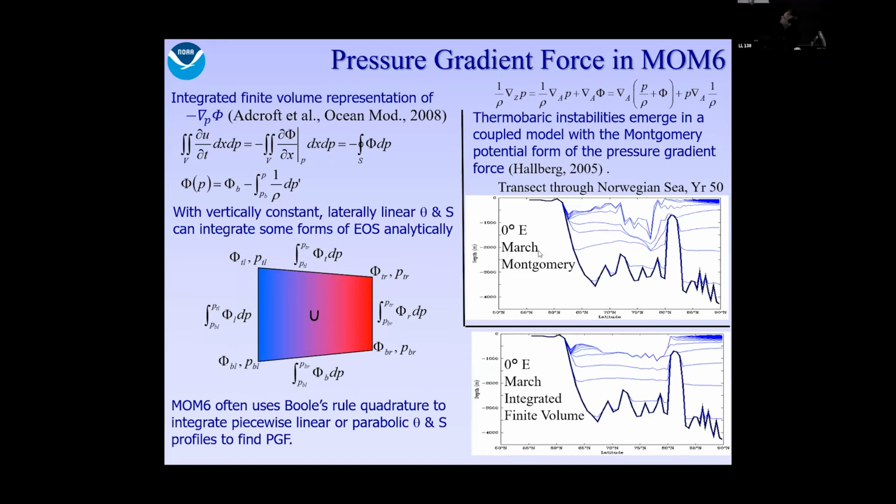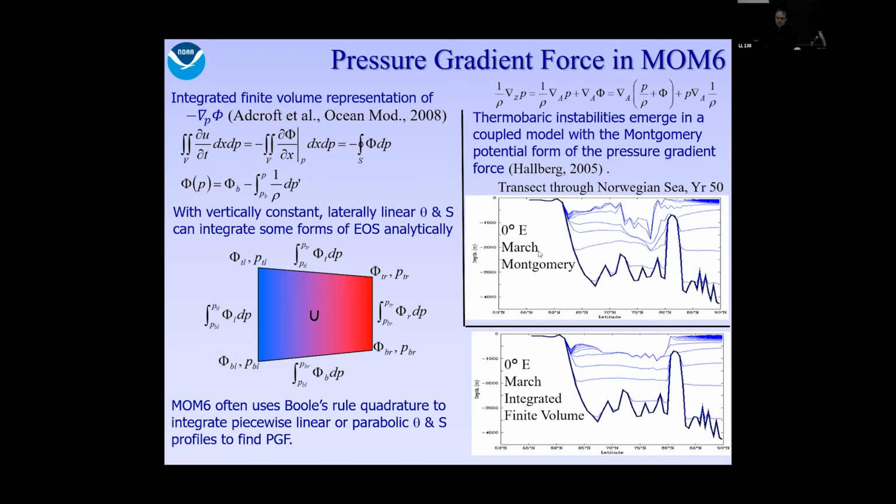So that whereas over here on the right, some of these instabilities that you can see as large excursions of the pressure gradient are essentially eliminated by using this analytic finite volume integral of the pressure, assuming a subgrid scale distribution, in this case of temperature between red and blue, but analytically integrating around this curve.